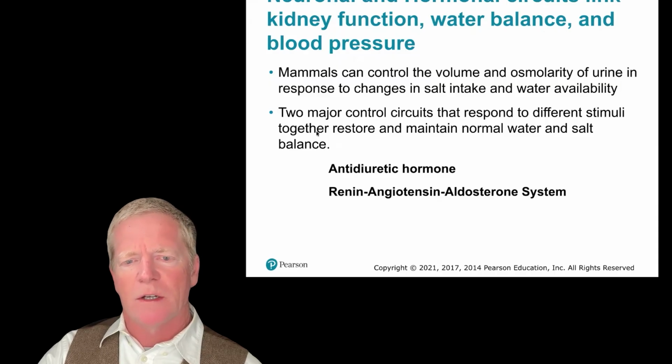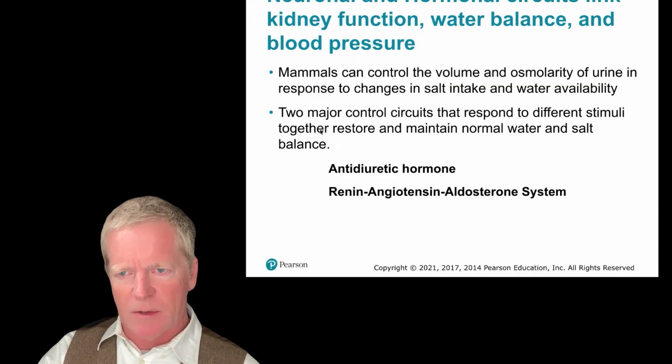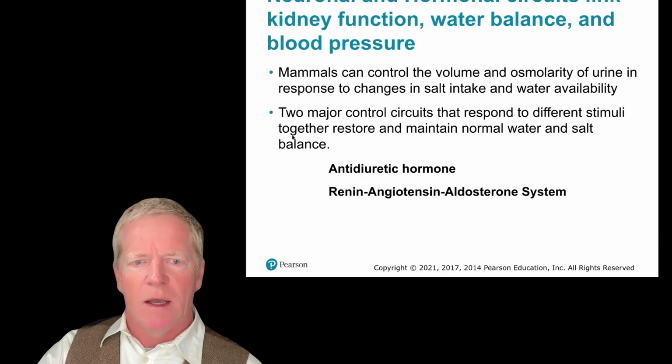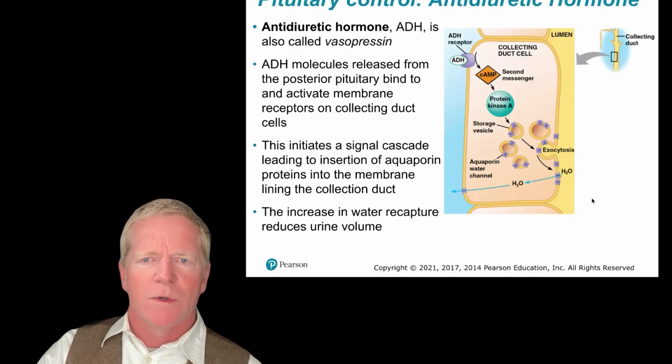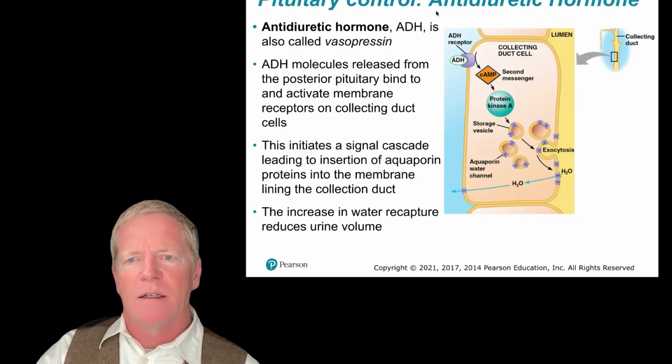So there are two major control circuits that respond to different stimuli and together maintain our normal water and salt balance. The two main mechanisms are a hormone called antidiuretic hormone and the renin-angiotensin-aldosterone system.